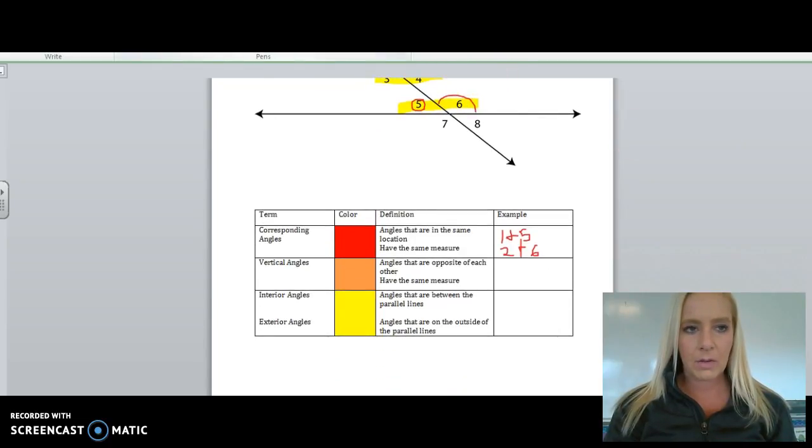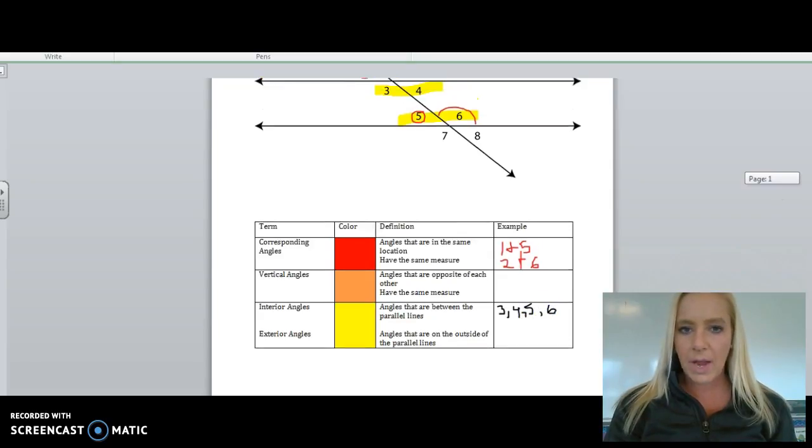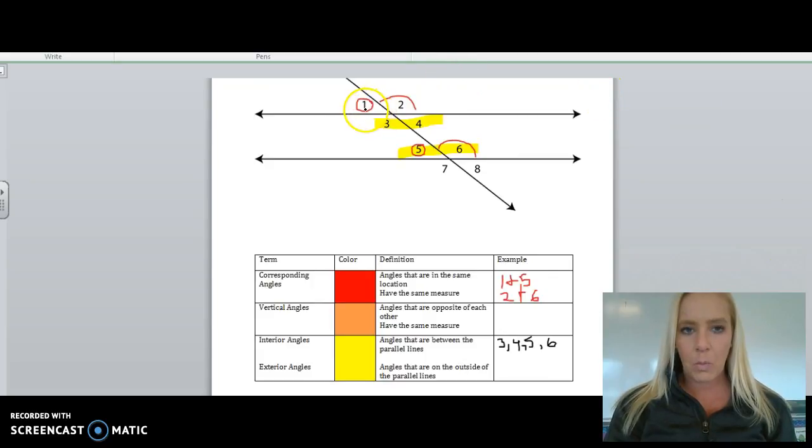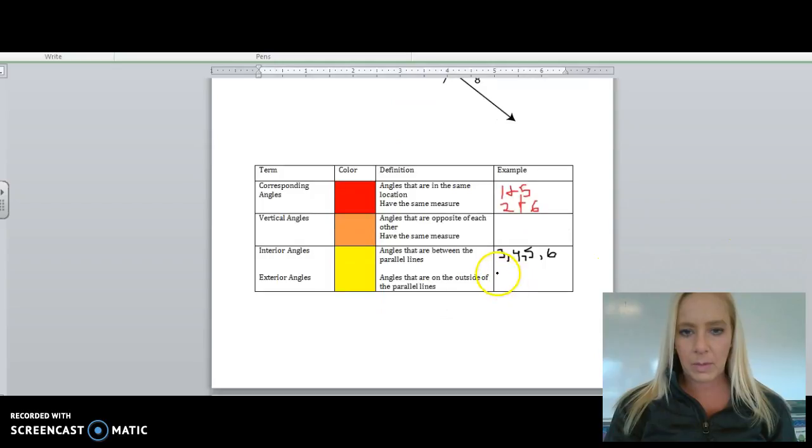So our interior angles are 3, 4, 5, and 6, whereas our exterior angles are 1, 2, 7, and 8 because they are outside the parallel lines. And we're just going to write them in. 1, 2, 7, and 8.